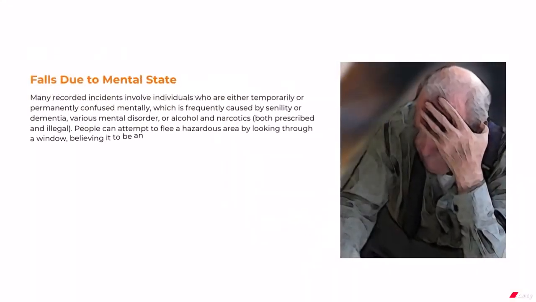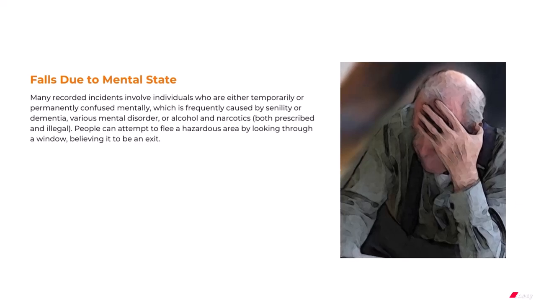Falls due to mental state. Many recorded incidents involve individuals who are either temporarily or permanently confused mentally, which is frequently caused by senility or dementia, various mental disorders, or alcohol and narcotics, both prescribed and illegal.